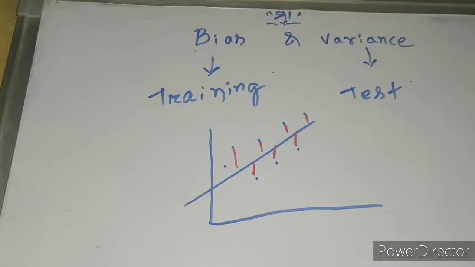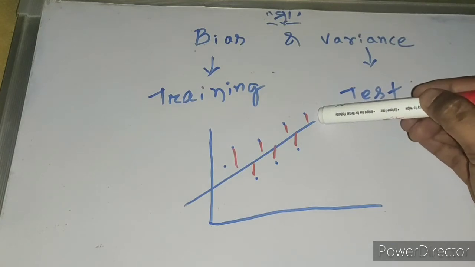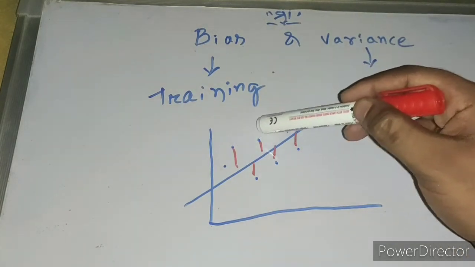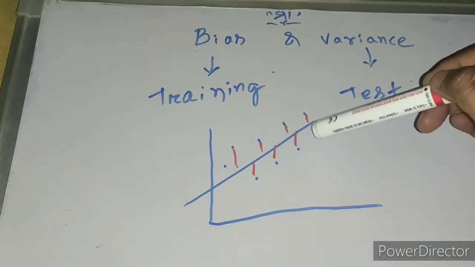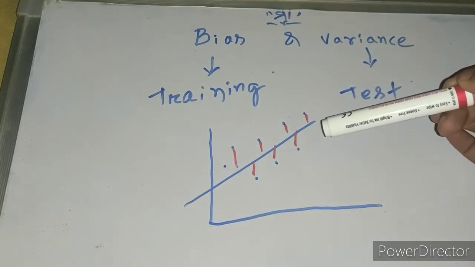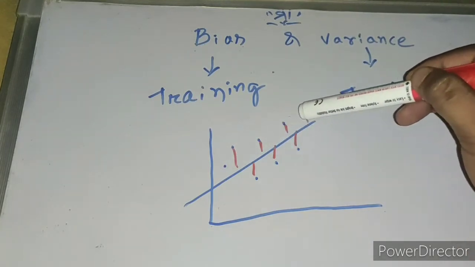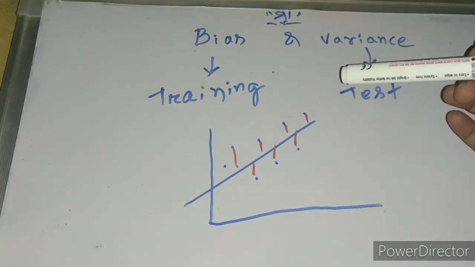As you can see on the screen, if we consider this the best fit line, there are different data points present in the graph, over this best fit line and under it, and these red lines are known as the distance or the error or the residuals.